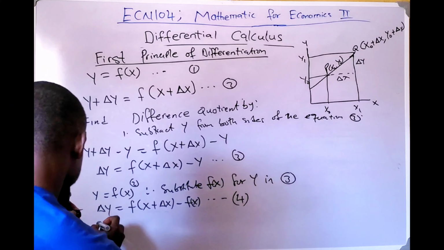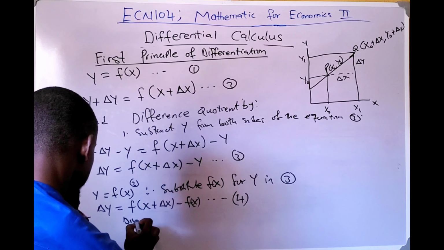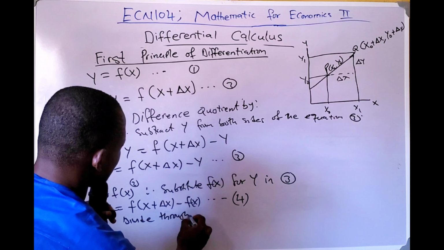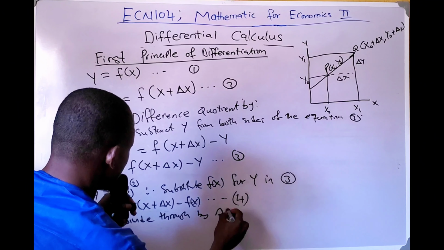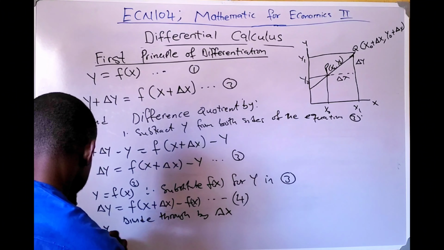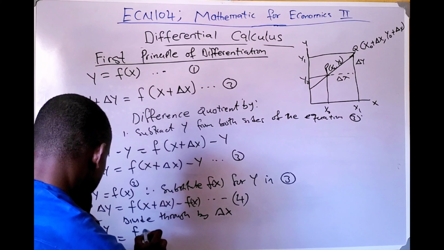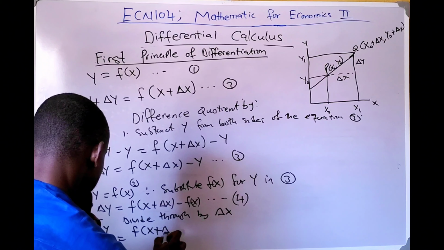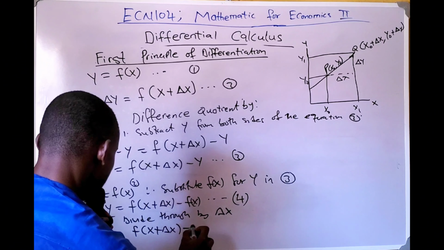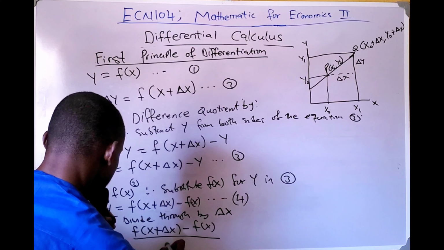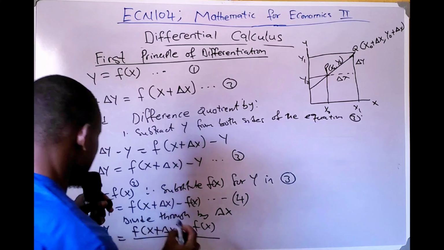So we divide through by change in x. We have change in y over change in x equals f of x plus change in x minus f of x, all over change in x.